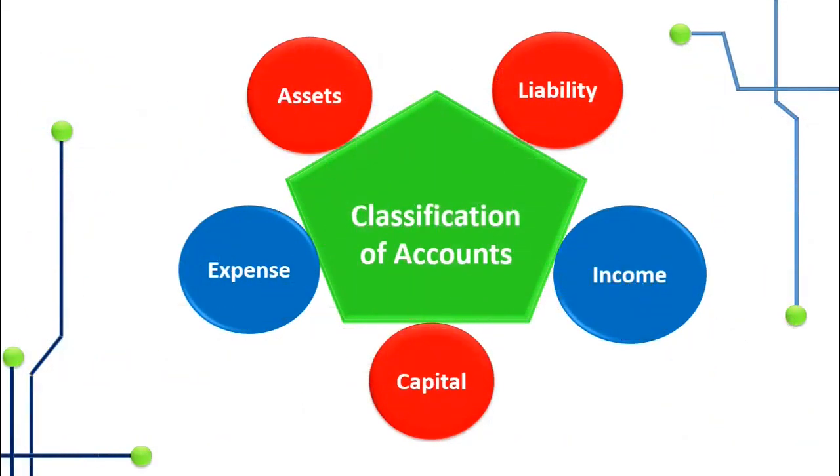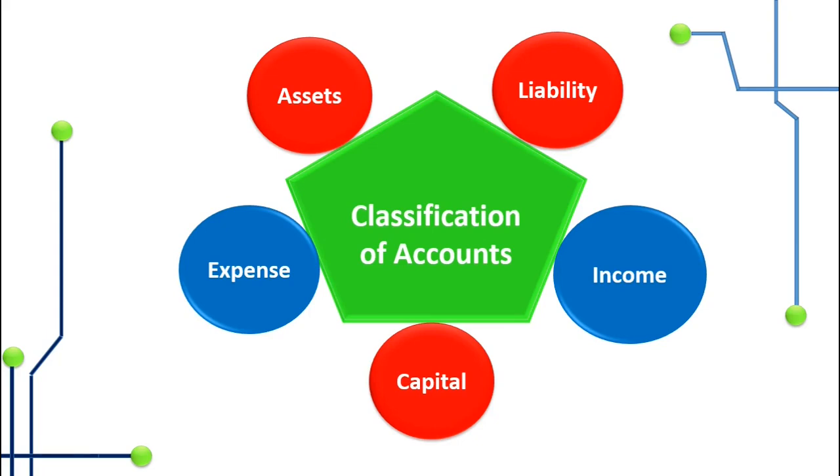If you recall this illustration from a previous video, then you already know 5 classifications of accounts. Out of these, asset, liability and capital are called permanent ledger accounts because they have an opening balance, whereas expenses and income accounts are called temporary accounts because closing balances are transferred to profit and loss account.